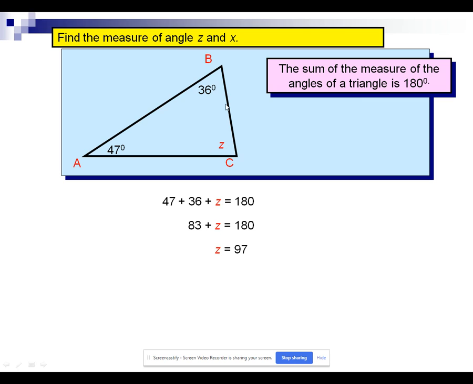Sometimes they give you that just to try and throw you off so that you don't guess. So when you actually calculate it, don't be like some students who would get 97 and say, well, that looks like an acute angle, so it can't be 97. That's okay. 47 plus 36, 180 minus that total tells us angle Z is 97. That's something you should already know how to do.